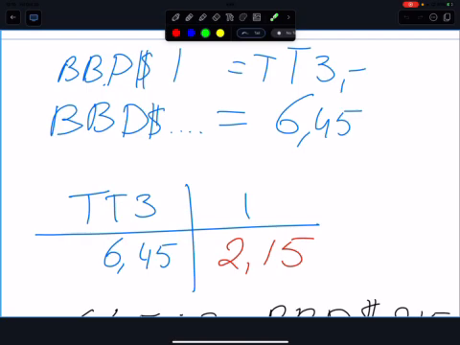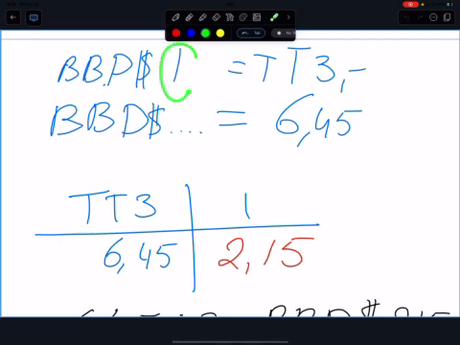So 1 US is equivalent to 645 Trinidad and Tobago dollars. I'm looking for the equivalent of Barbados dollars to US. So what I should be focusing on is Trinidad and Tobago dollars.